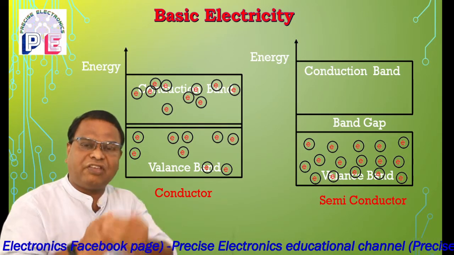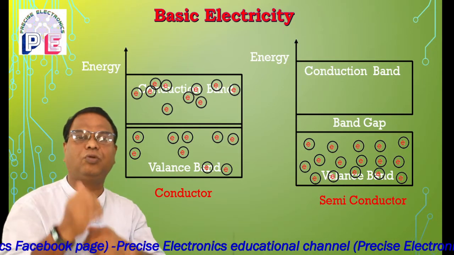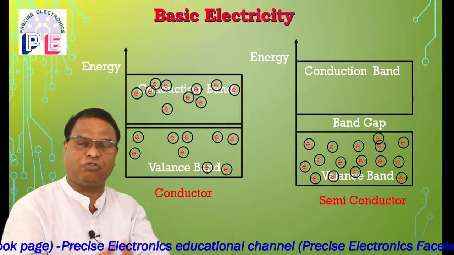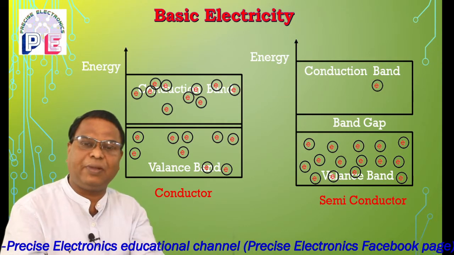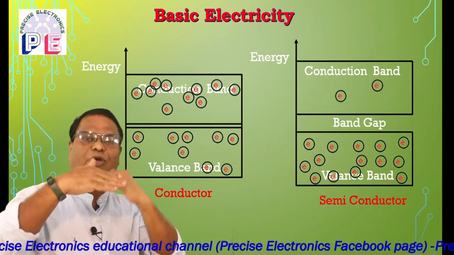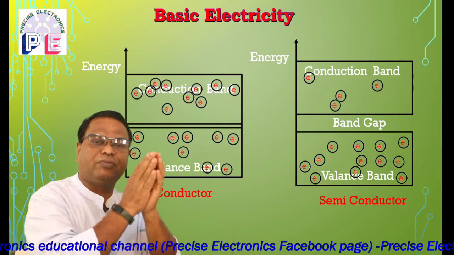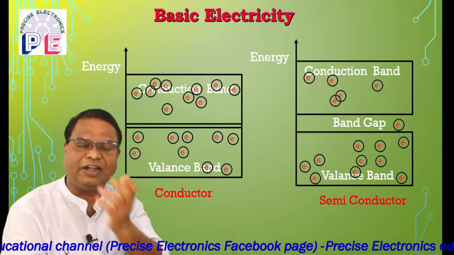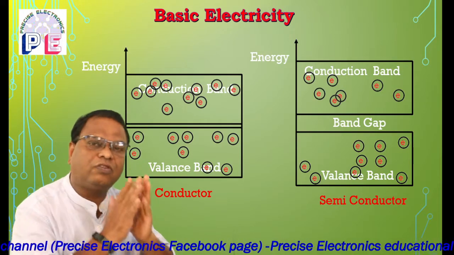When external energy is applied, mostly in the form of thermal energy, or in some cases an external electric force, electrons from the valence band move towards the conduction band, and those electrons become free. So electrons are able to move in that conduction band. So that is the structure of semiconductor.